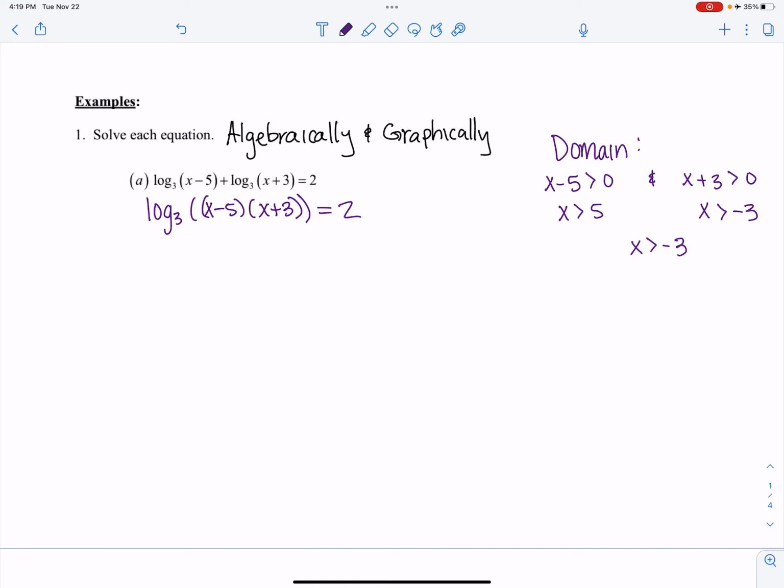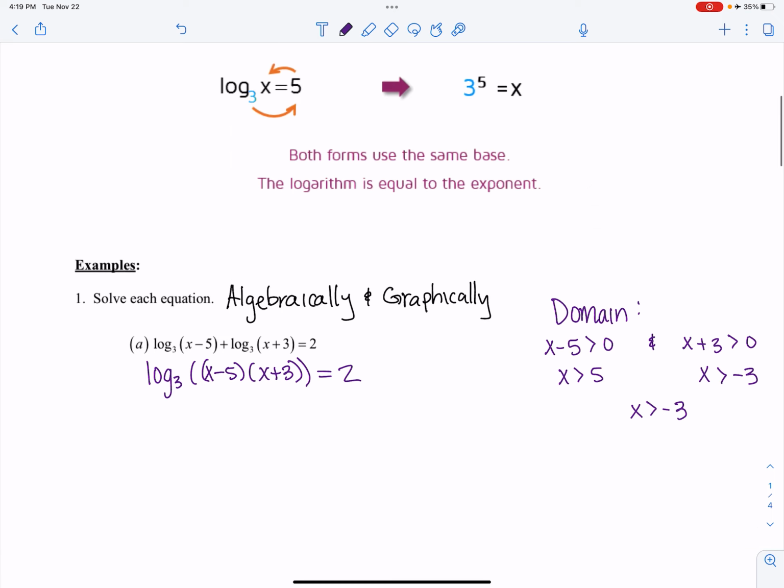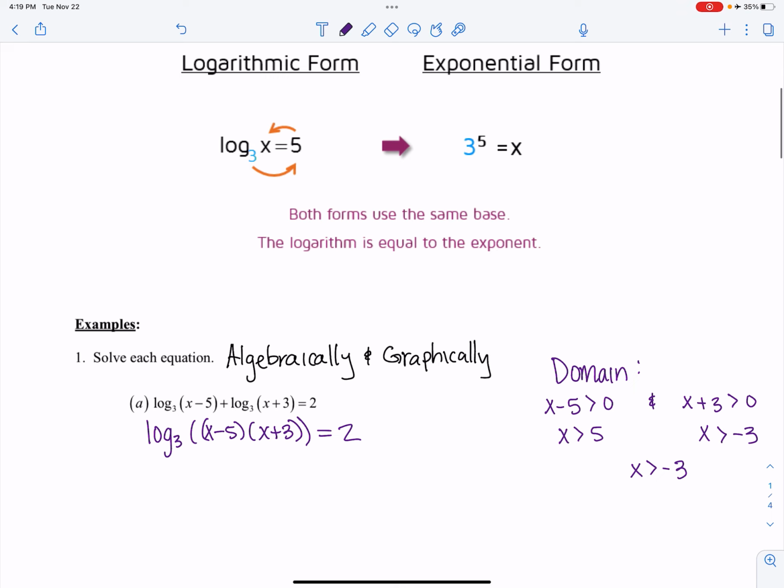Now I can rewrite this using my exponential form, which makes it a little bit easier for me to solve. And this tells me that my base is 3, my exponent is 2, and it equals x minus 5 times x plus 3.